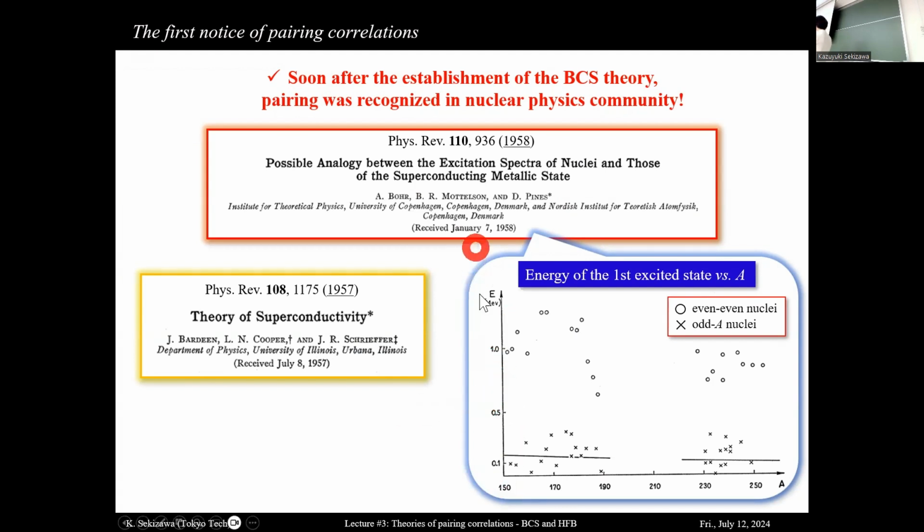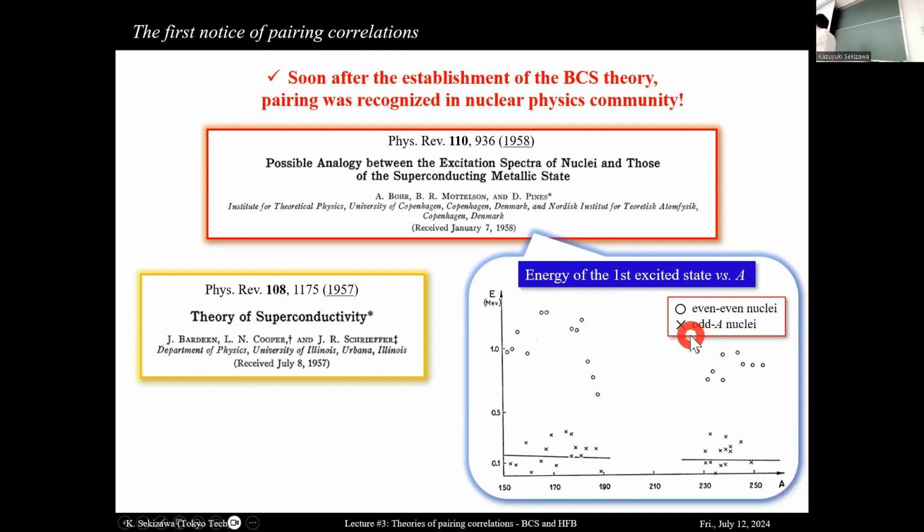This figure shows the excitation energy of the first excited state, so this is the energy of the lowest excited state. The horizontal axis is the mass number, the summation of neutron and proton numbers.